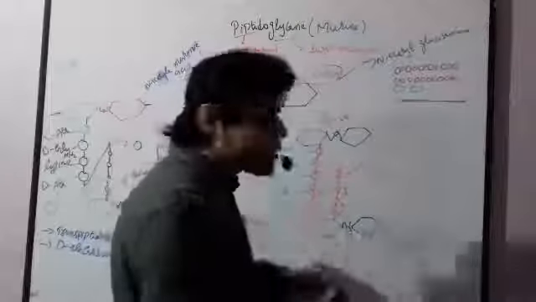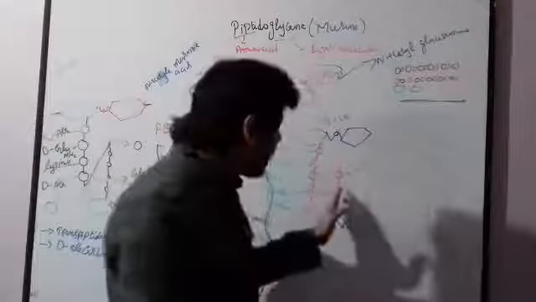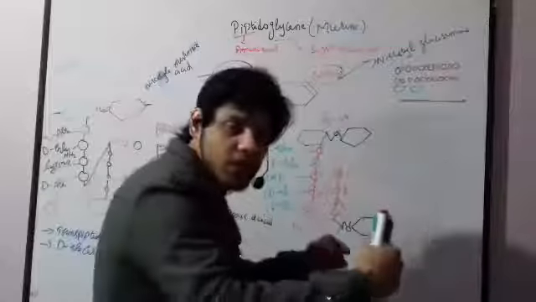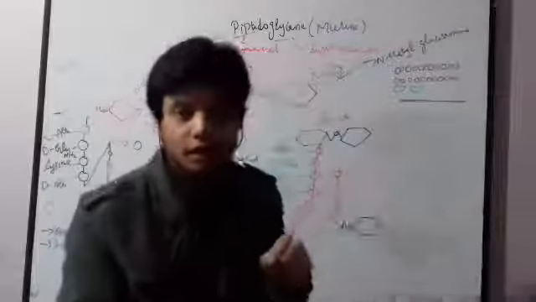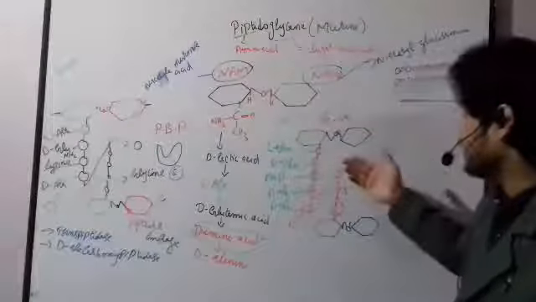So the terminal end of this D-alanine and the terminal end of this diaminopimelic acid will be connected with each other and make a strong linkage. Okay, so that's how they synthesize the bacterial cell wall, or we can say the peptidoglycan layer.